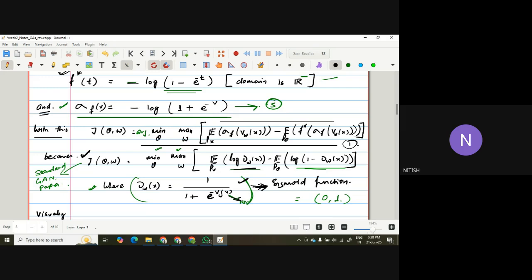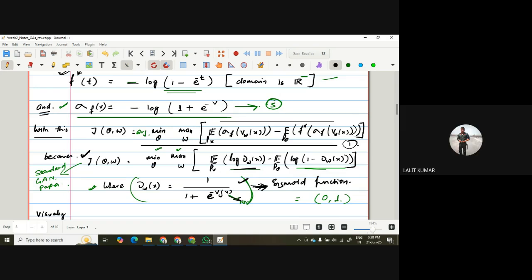It basically gives more importance to the real distribution, the real samples. So what is happening? The generator is generating, and the discriminator is trying to maximize the difference between the real and the fake one.